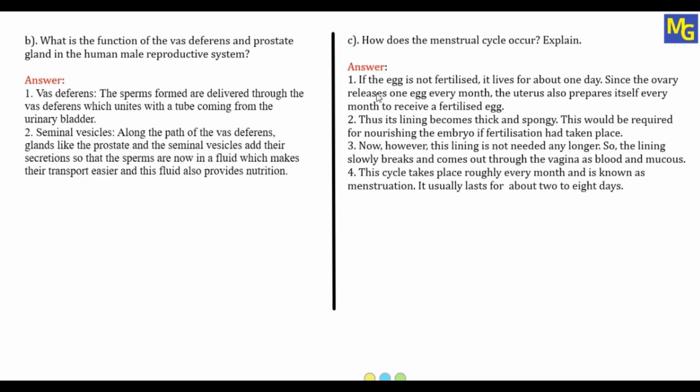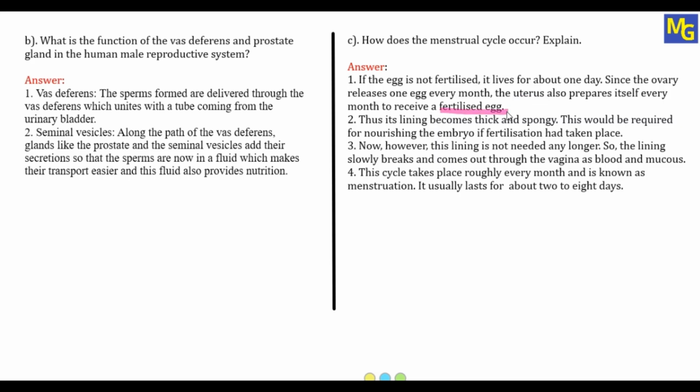So if the egg is not fertilized, it lives for about 1 day. Once the egg comes out of the ovary, once ovulation takes place, that egg will remain in the fallopian tube and wait for the sperm. If it is not fertilized, it will live for about 1 day. Since the ovary releases one egg every month, the uterus also prepares itself every month to receive the fertilized egg. As the egg is released from the ovary, immediately the uterine wall also prepares itself to carry the fertilized egg.